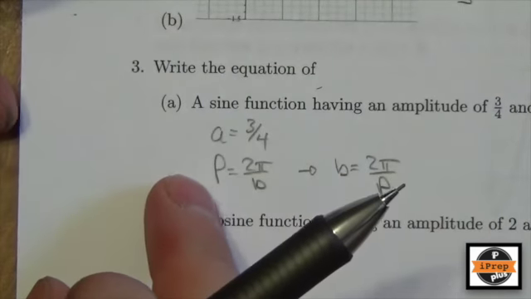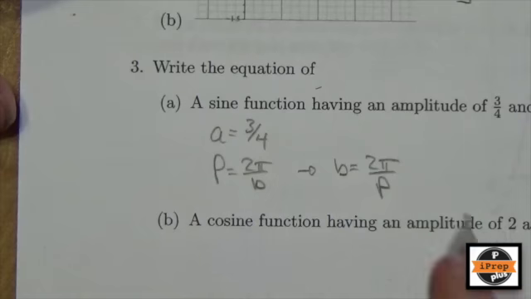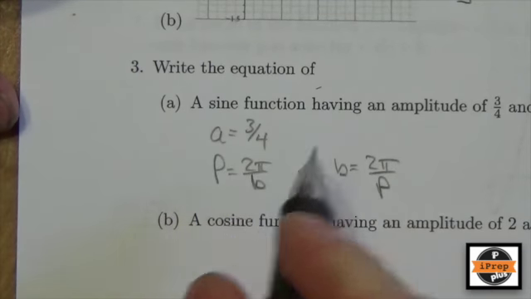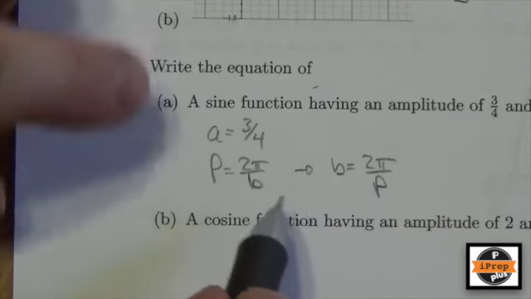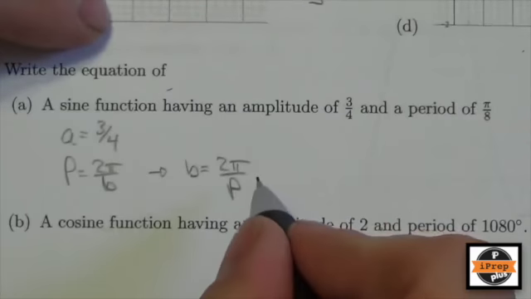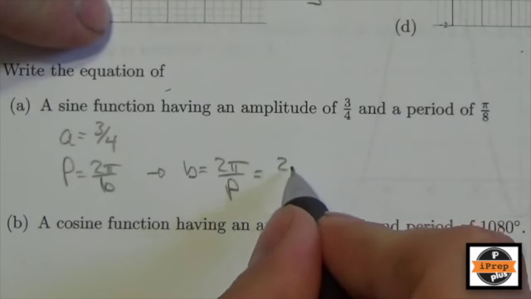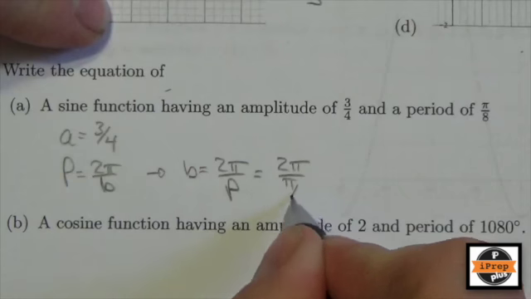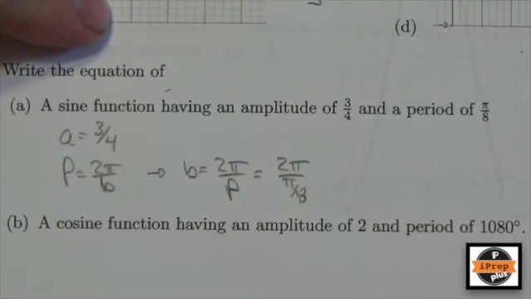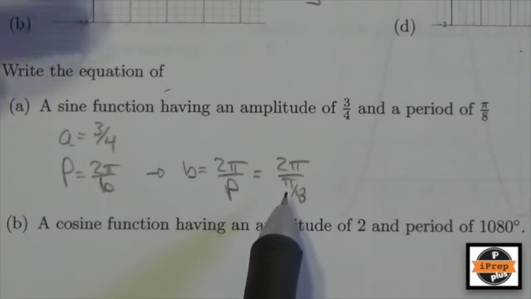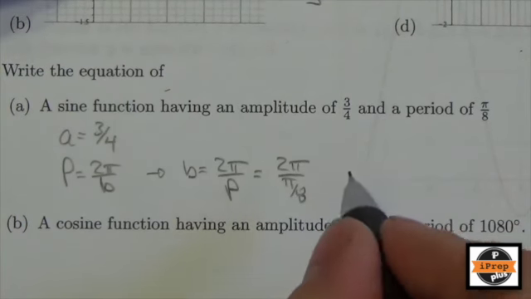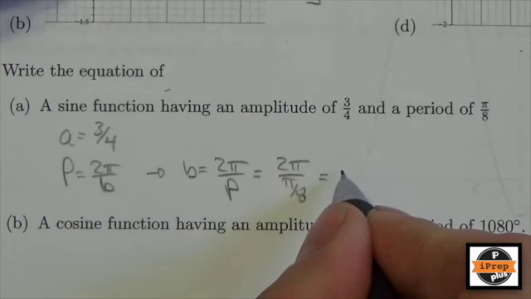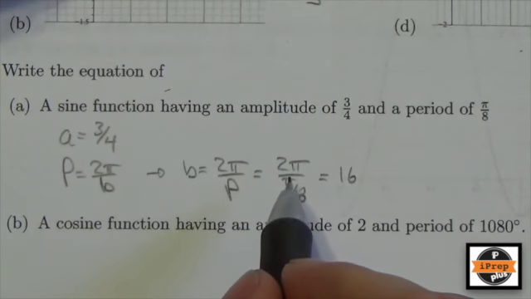So when I've got the period equal to 2 pi divided by b, because of that horizontal stretch, I can write that b is equal to 2 pi over the period. In this case, that would be 2 pi divided by pi over 8, the period that we're given in the problem. Now I can cancel out the pi's, and because I'm dividing by an 8, that's like multiplying by 8, and I'm going to get 16.